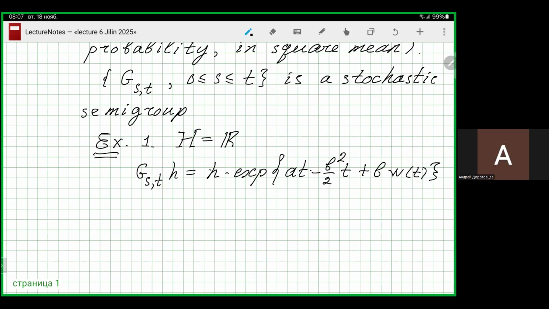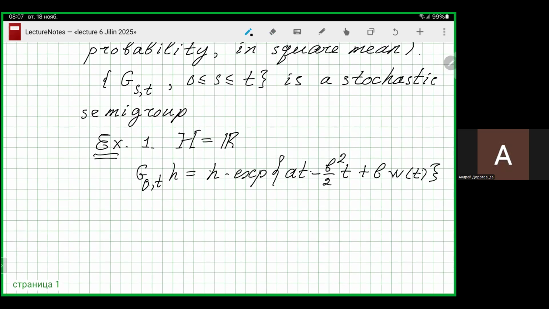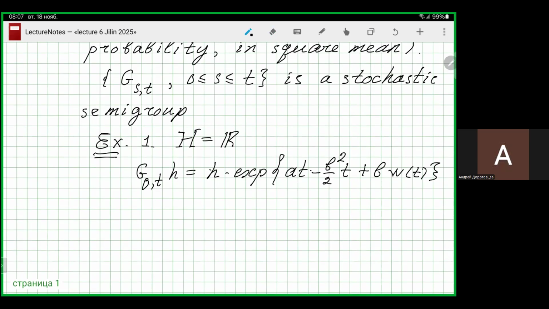Okay, let it be not S, but 0T. And we have J_{ST}, then we substitute T by the difference T minus S.